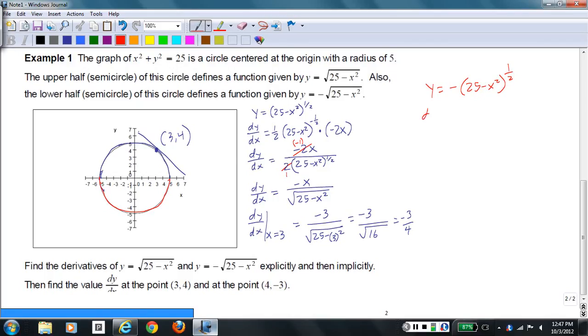So dy/dx equals negative 1/2 times 25 minus x squared to the negative 1/2 times the derivative of what's inside the parentheses. Incidentally, here's where you want to use the constant multiple rule. The derivative of negative 1 times the square root of 25 minus x squared should be negative 1 times the derivative we just found.